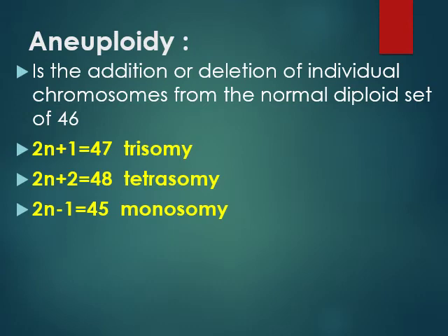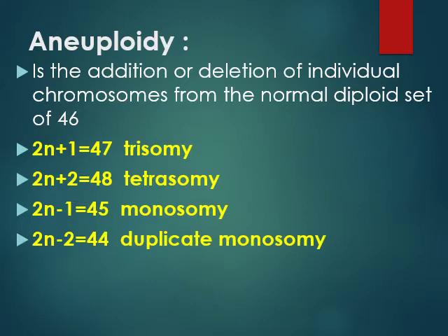Monosomy means loss of one chromosome, 2N minus 1, to form 45 chromosomes. Or double monosomy, that means 44 chromosomes, the diploid number minus 2 chromosomes, or missing 2 chromosomes.